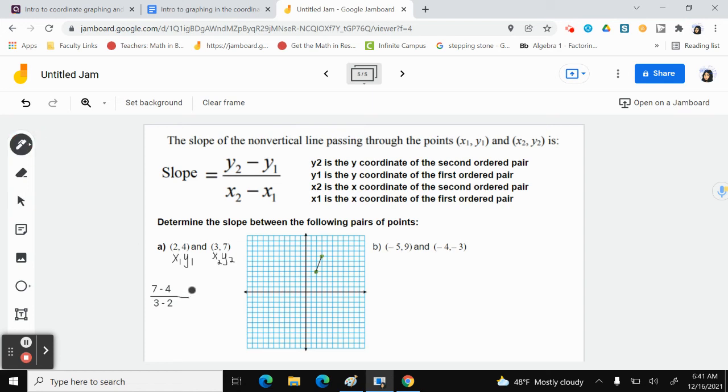I'm going to simplify this fraction. So we're going to do 7 minus 4, which is going to give us 3. We're going to do 3 minus 2, which is 1. And then I can simplify. 3 over 1 is 3. I get a positive slope, which makes sense because my line is going uphill.